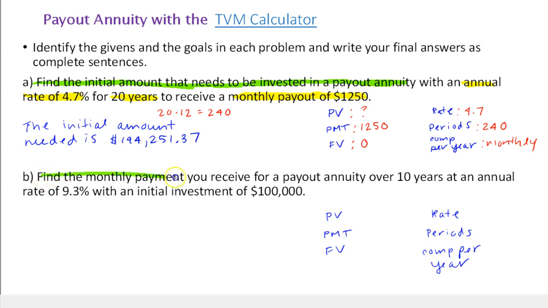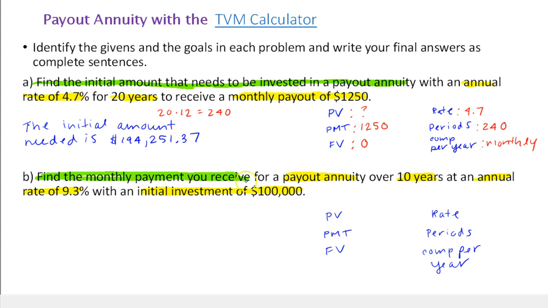Find the monthly payment you receive. So now we're looking for the monthly payment for a payout annuity over 10 years at an annual rate of 9.3% with an initial investment of $100,000. Okay, so let's fill in our information.